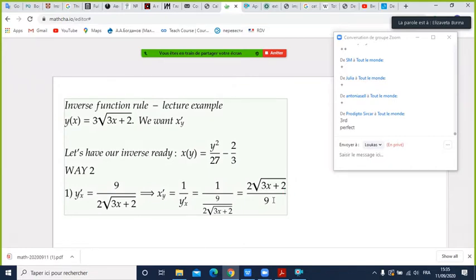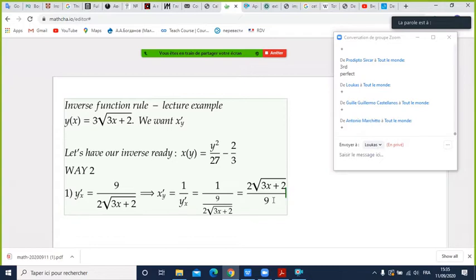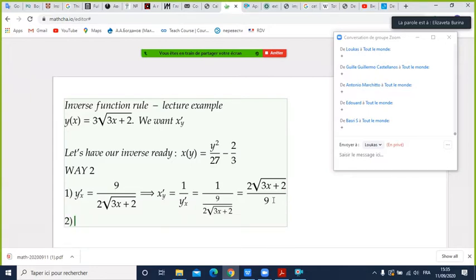We got it yesterday. Okay, well, yes, perfect. So what we should do now will be our last step for the inverse function rule.